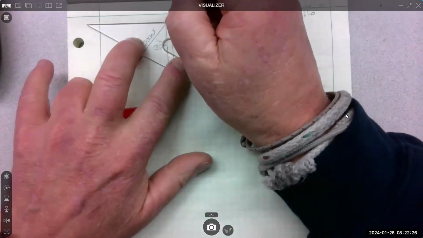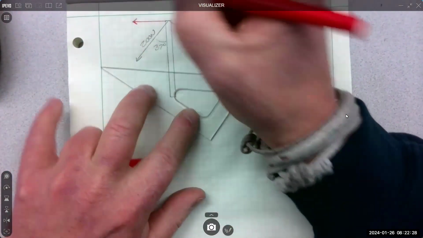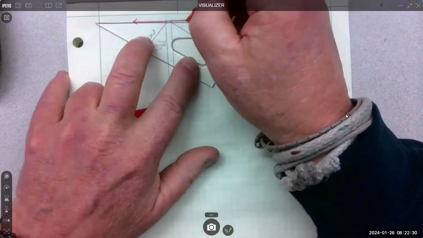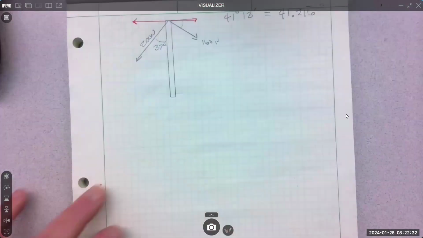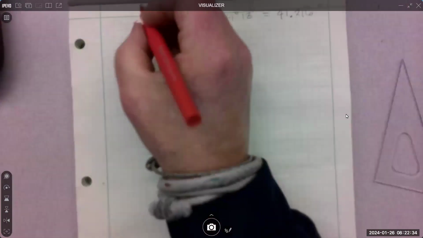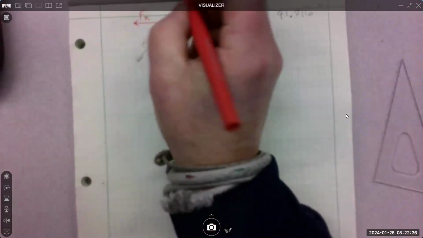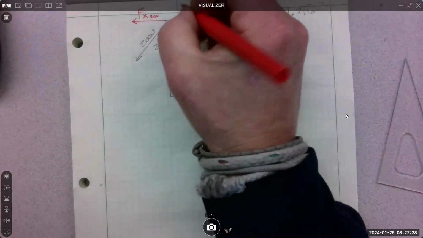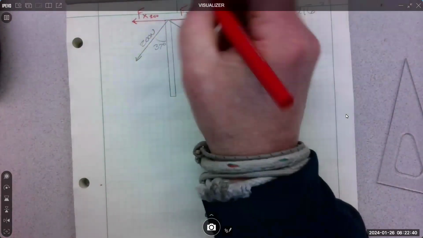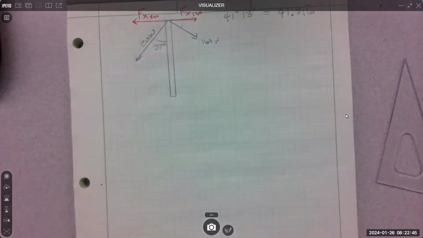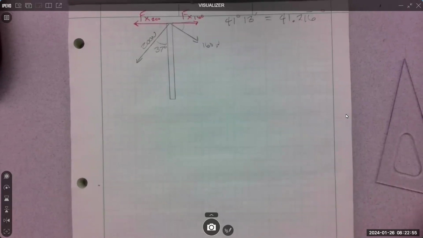There's an x component here and an x component here. This is the Fx of the 200. This is the Fx of the 160. We collect the x's and add them up. That's going to give us Rx, the component in the x direction of the resultant.